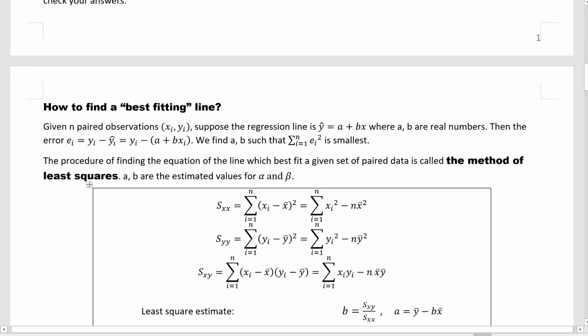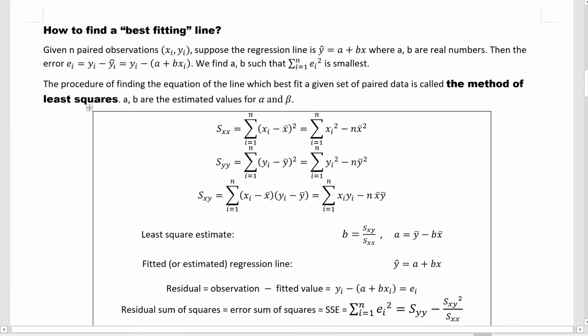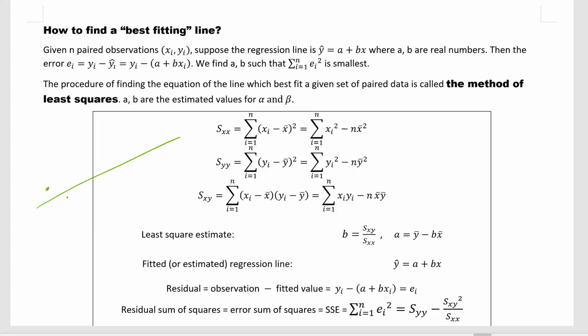All right. So how to find the best fitting line? Given n pair observations xi, yi, suppose the regression line is y hat equals a plus bx, where a and b are real numbers. Then the error. So let's draw the data set. Suppose our data set is like that. Okay, so this is x1, y1, and this regression line is the best fitting line.